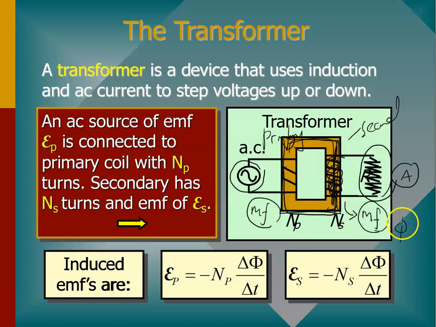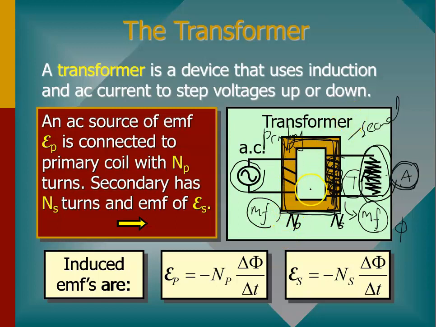With the induced magnetic flux here, it will produce another current, and that current is the one that we observe over here on the resistance or ammeter or anything that we connected on this side. So this is how the transformer works, right?